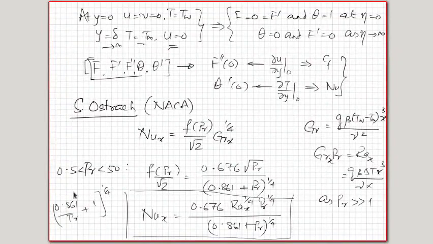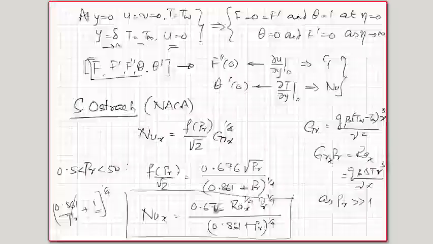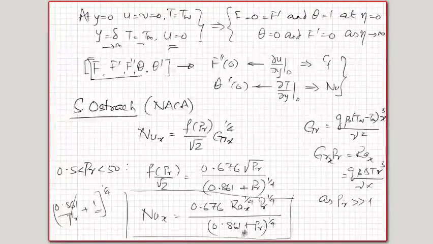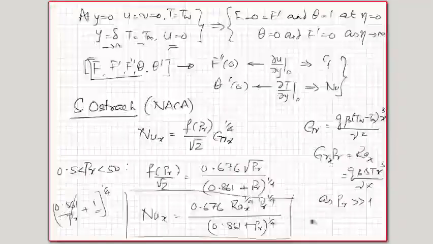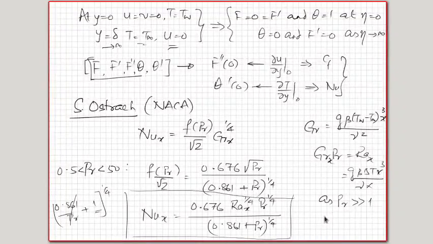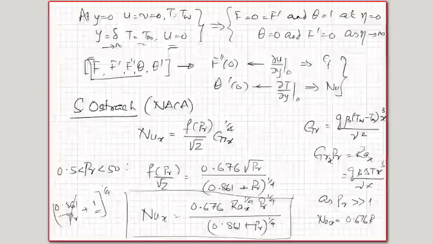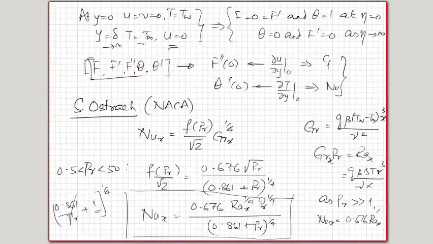Since Prandtl number is much greater than 1, this will be much smaller than this, so you can neglect that term. So in the denominator there will be only 1 to the power of 1 by 4, which will be 1. And therefore this Prandtl has already gone here. So it will actually become Nu_x is equal to 0.676 Ra_x to the power of 1 by 4.